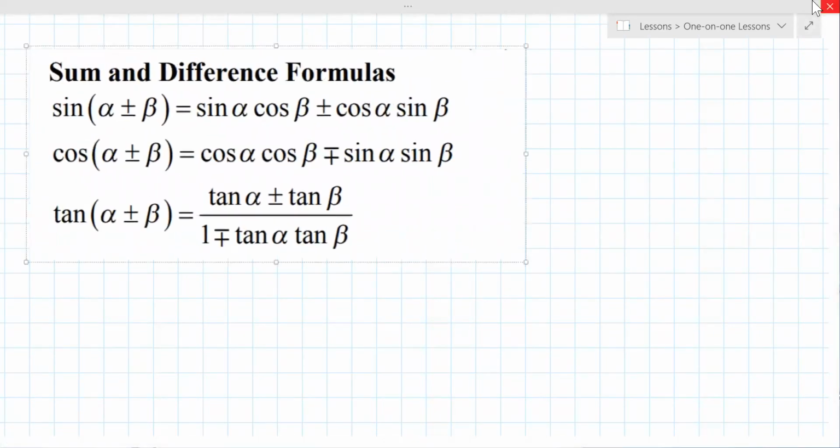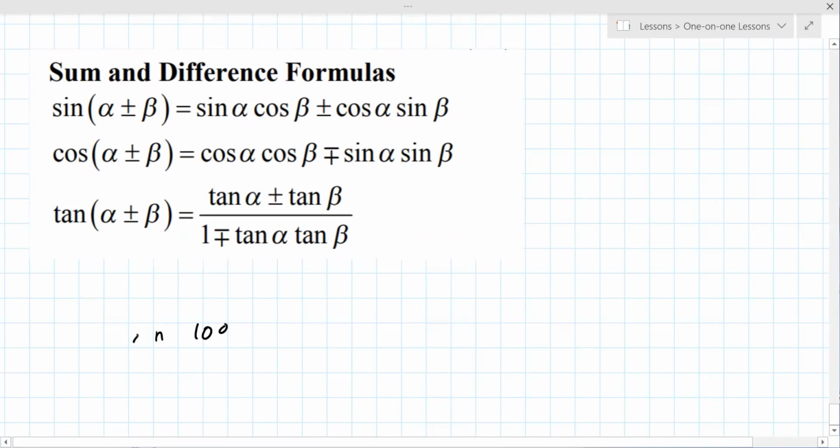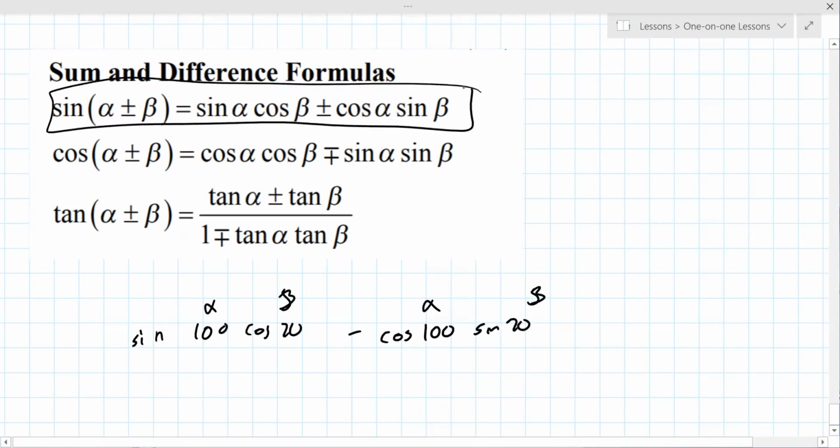It's a sine sum and difference formula, because you've got a sine, cosine, cosine, sine. So you've got a sine 100 cosine 20 minus cosine 100 sine 20. So that's your alpha, that's your beta, that's your alpha, that's your beta. It's this top one here. And you see that it's that top one?